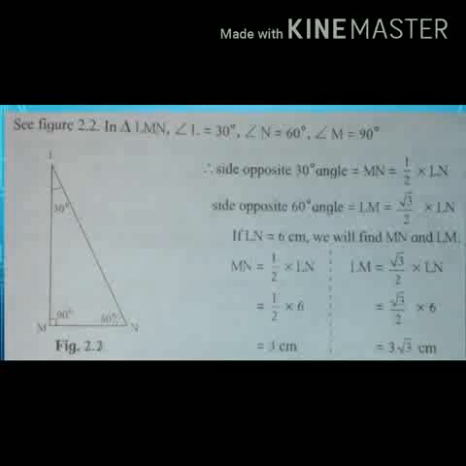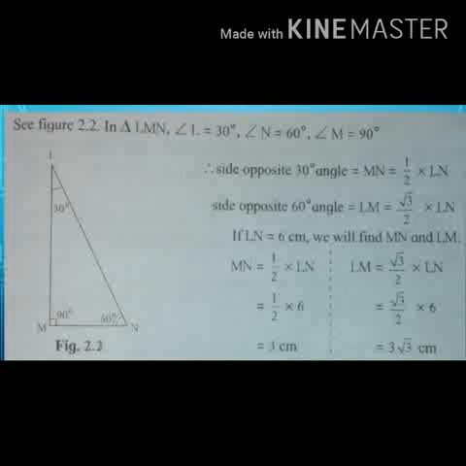Similarly, the side opposite to 60-degree angle is root 3 upon 2 into hypotenuse and therefore LM is equal to root 3 upon 2 into LN. In this property, if we are given any side of the right angle triangle, then using this property we can find the other two sides of the triangle.